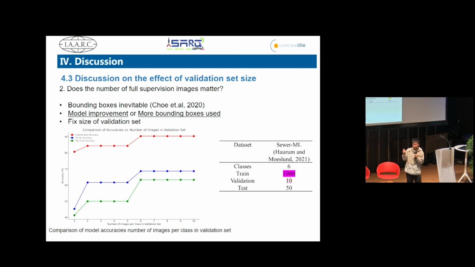And the more bounding boxes used in the validation set, the better the localization precision. So it's important for future researchers to fix the number of samples in the validation set, as we need to know whether any improvements in the model are genuine or due to unintentional use of more bounding boxes in the validation set.